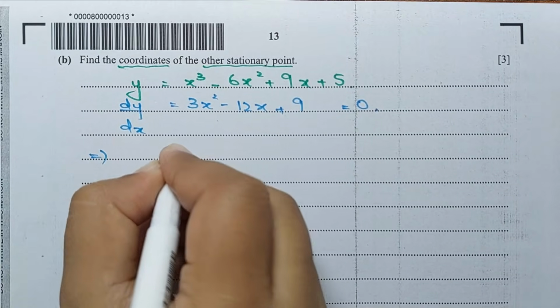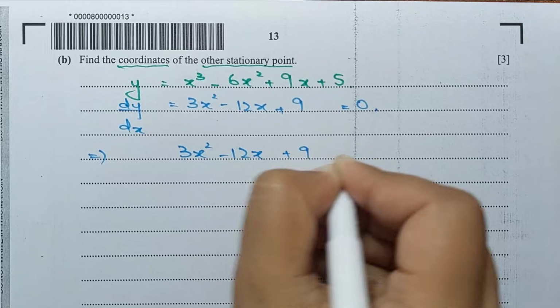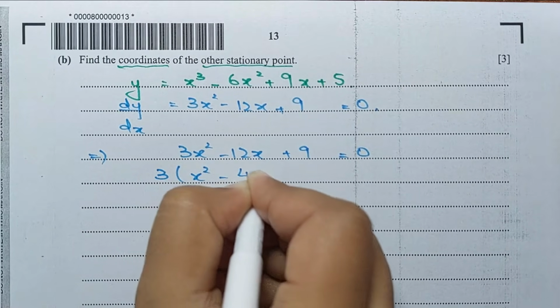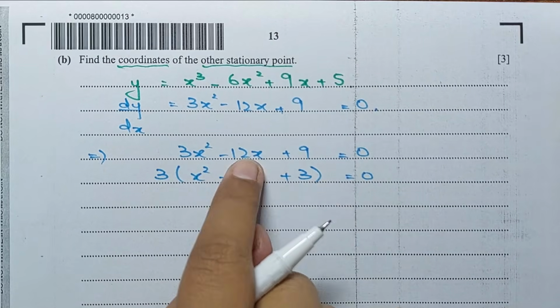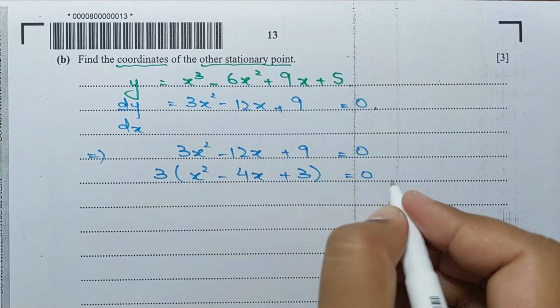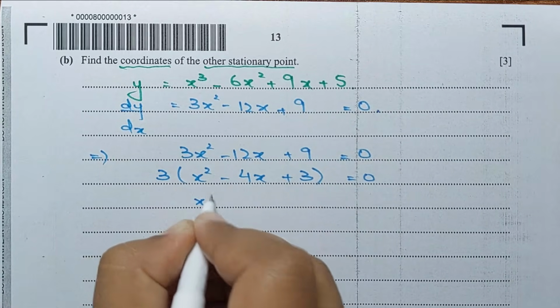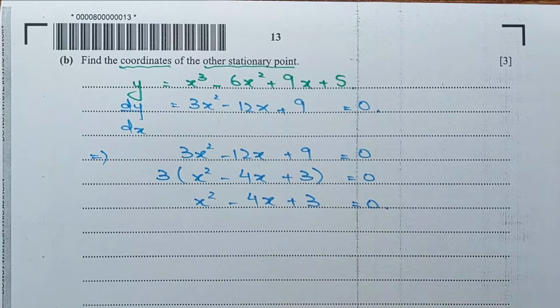This implies 3x squared minus 12x plus 9 equals 0. 3 is common, so we take x squared minus 4x plus 3 equals 0.